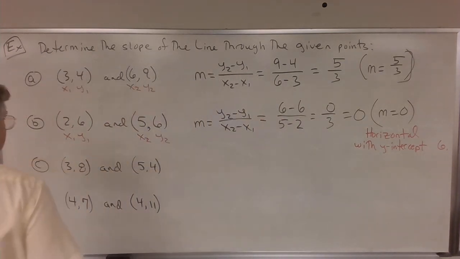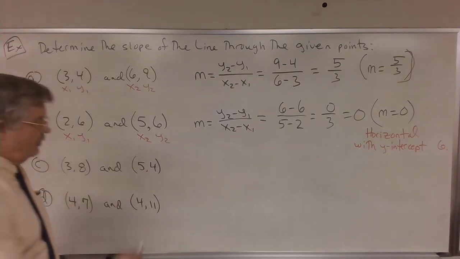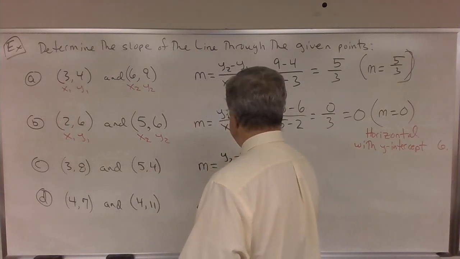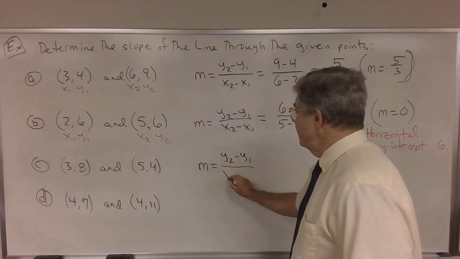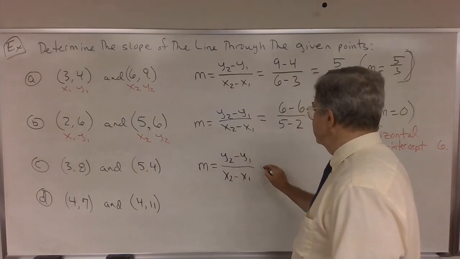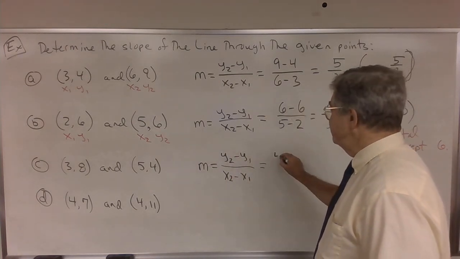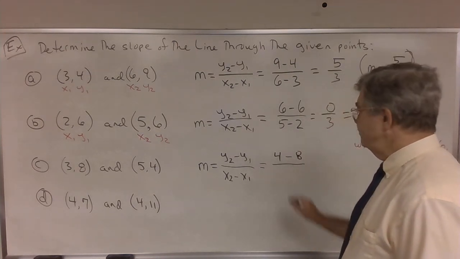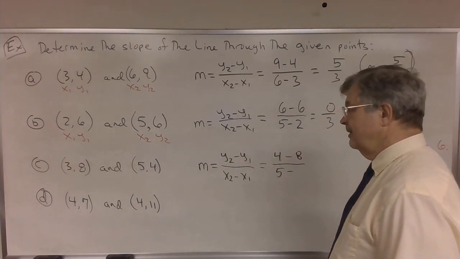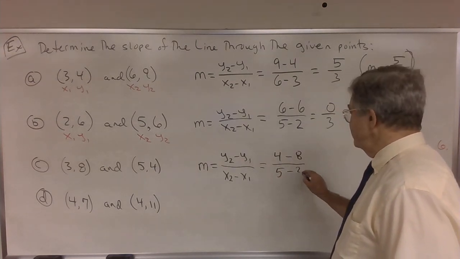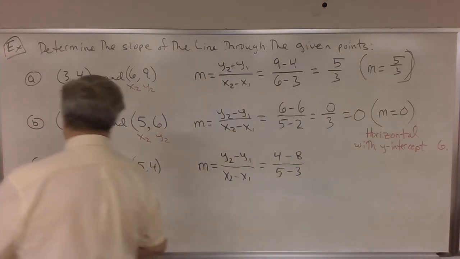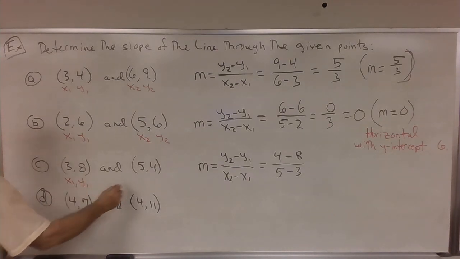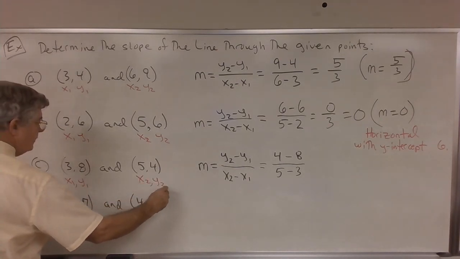Okay, more examples. 3, 8, and 5, 4. Find the slope. So we have y2 minus y1 over x2 minus x1. And y2 is 4, y1 is 8, x2 is 5, x1 is 3. And I guess I should have labeled these: x1, y1, x2, y2. There we go.